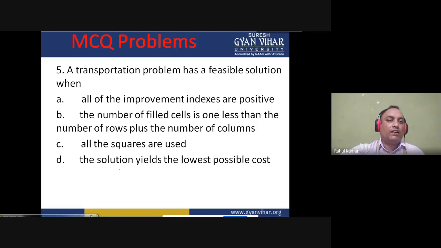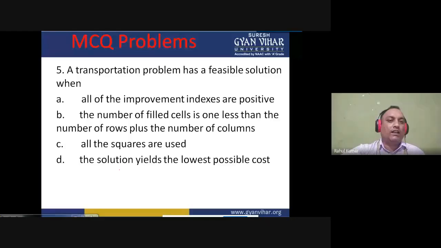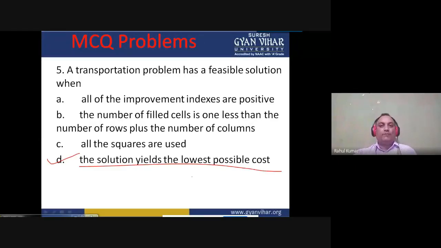The number of filled cells is less and all the squares are used, and the solution is the lowest possible cost. Then this feasible solution gives the lowest possible cost, right? So D is the right answer for this question. Then move to the next question.